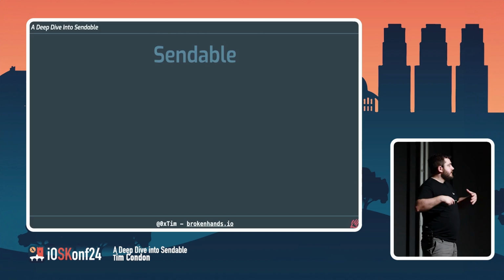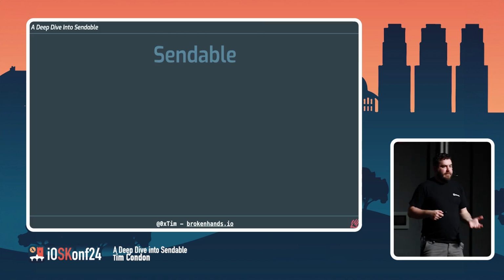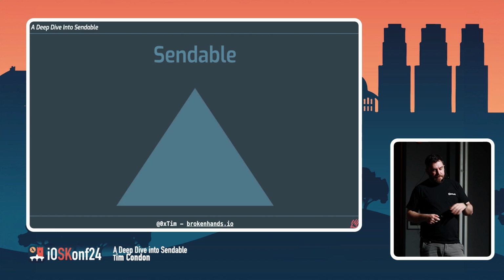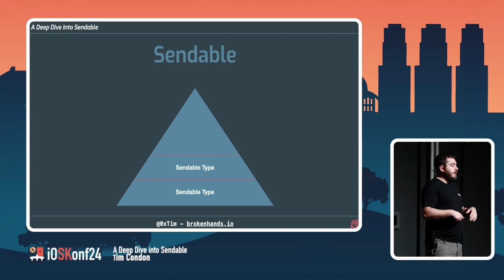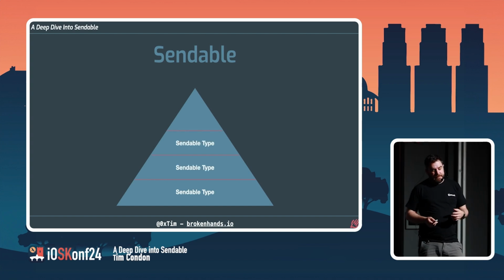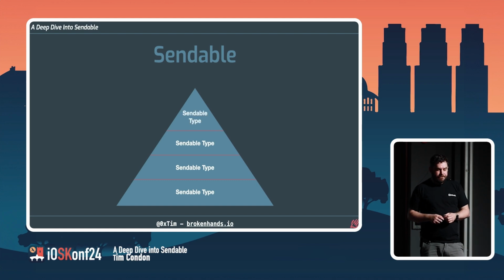And it kind of works as layers. You can think of it as a pyramid or an onion, but if the bottom layer is Sendable, and if your bottom type is Sendable, then anything using that type can also be Sendable. And then anything using that type can also be Sendable, and so on and so forth.